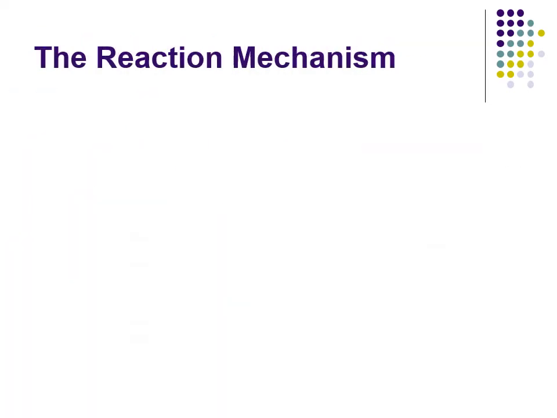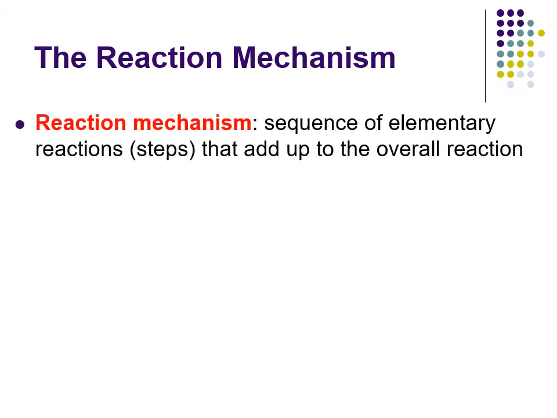The reaction mechanism. Essentially, this is the steps that a reaction goes through in order to get from the reactants to the products. What we've been assuming so far is that the reactants go right to the products. That doesn't happen. They actually form the activated complex and then they go to the products.